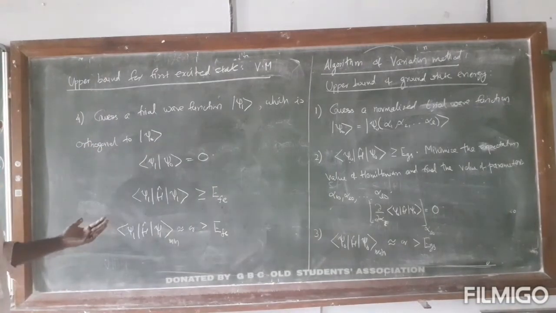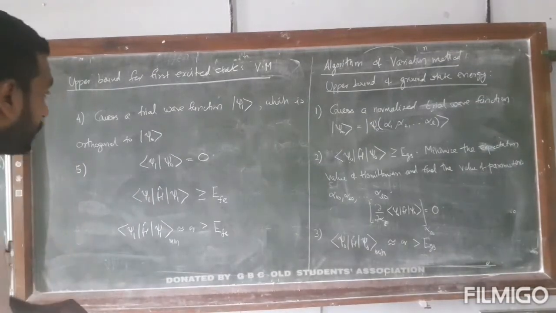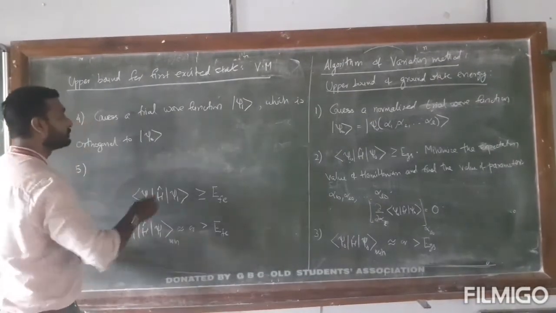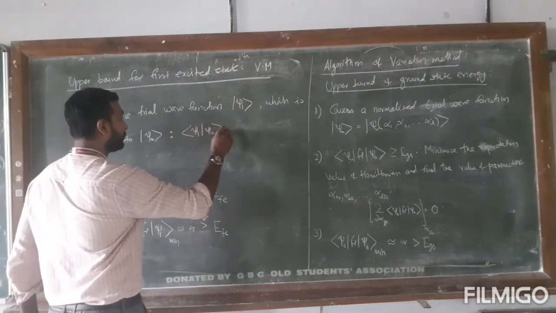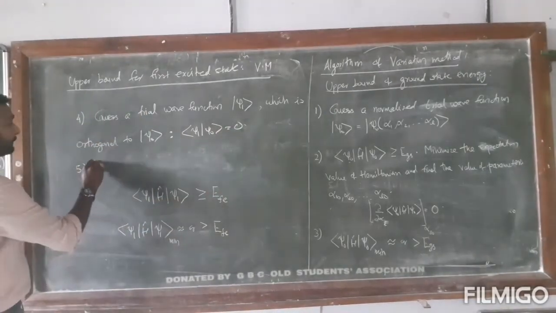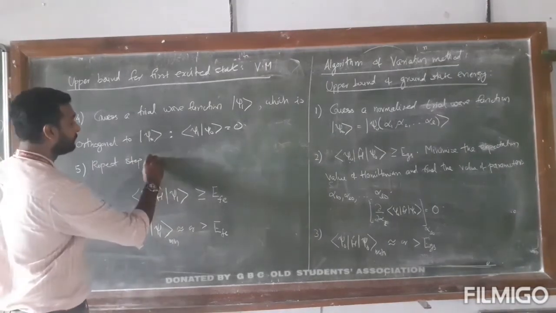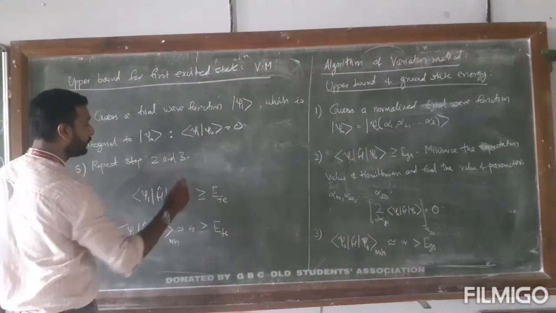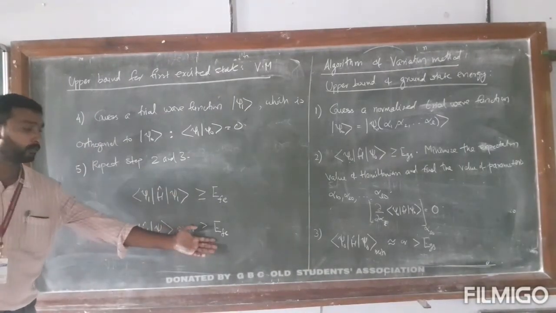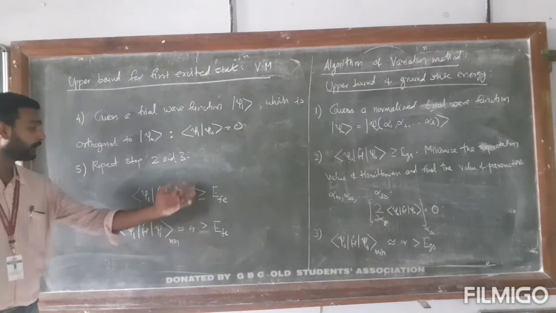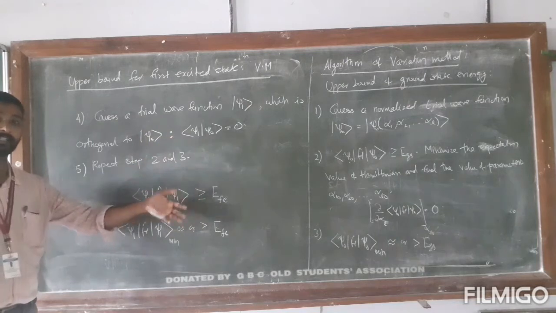Then what we can write is psi 1, psi 0, and thereafter repeat step 20. Then we will get the upper bound for the first excited state. Now similarly, you can go for the second excited state energy, the third excited state energy, and so on.